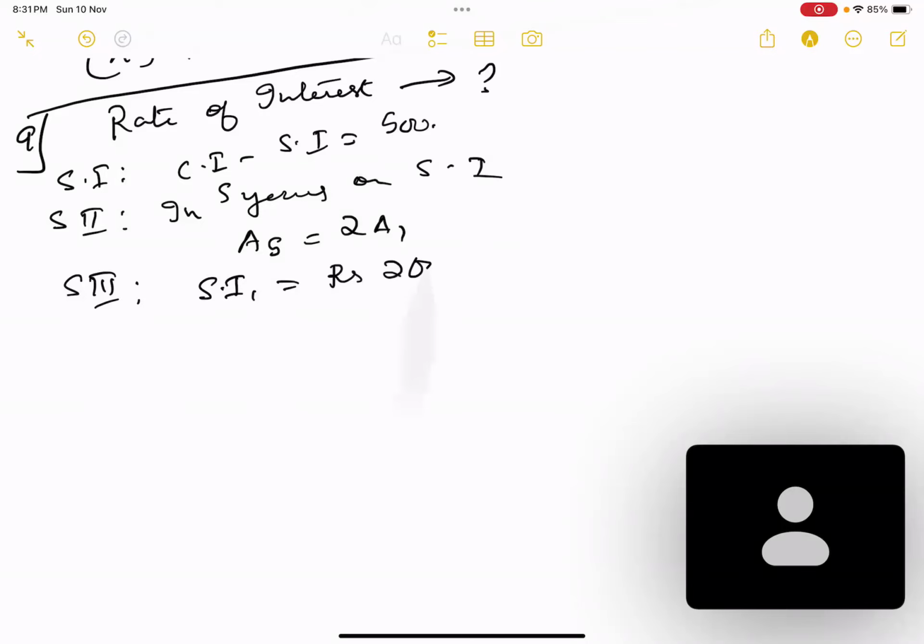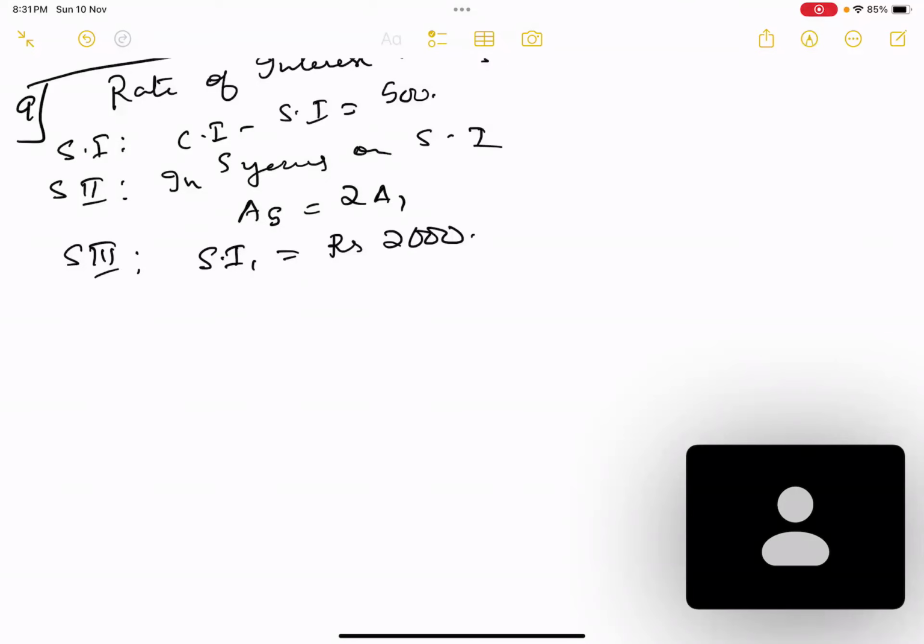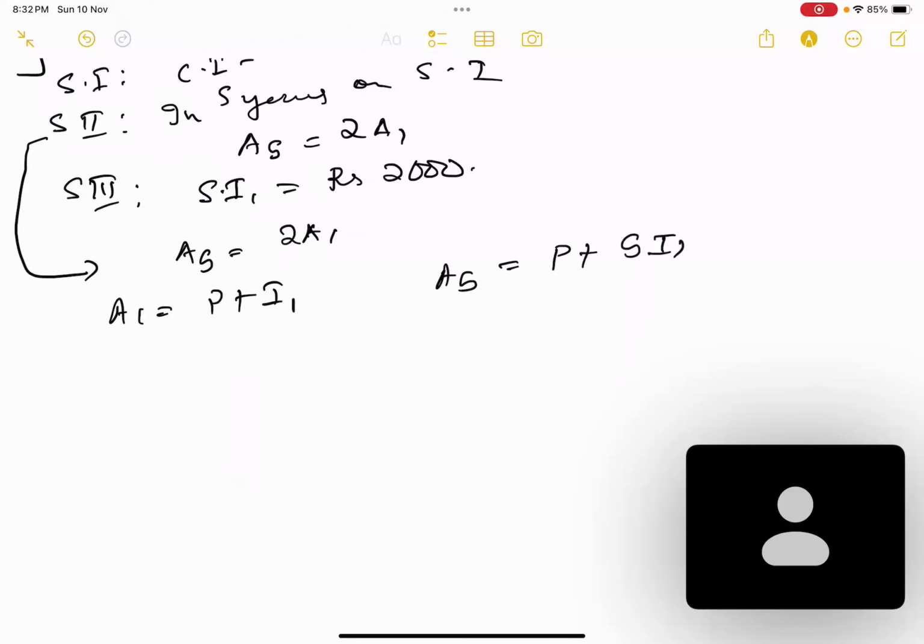Now, let's take statement 2. It says that the amount after 5 years will be twice the amount in the first year. So the amount in the first year is principal plus interest, and the amount after 5 years is principal plus 5 times interest, right? In simple interest, the interest is the same for each year, so for 5 years it will just add 5 times.